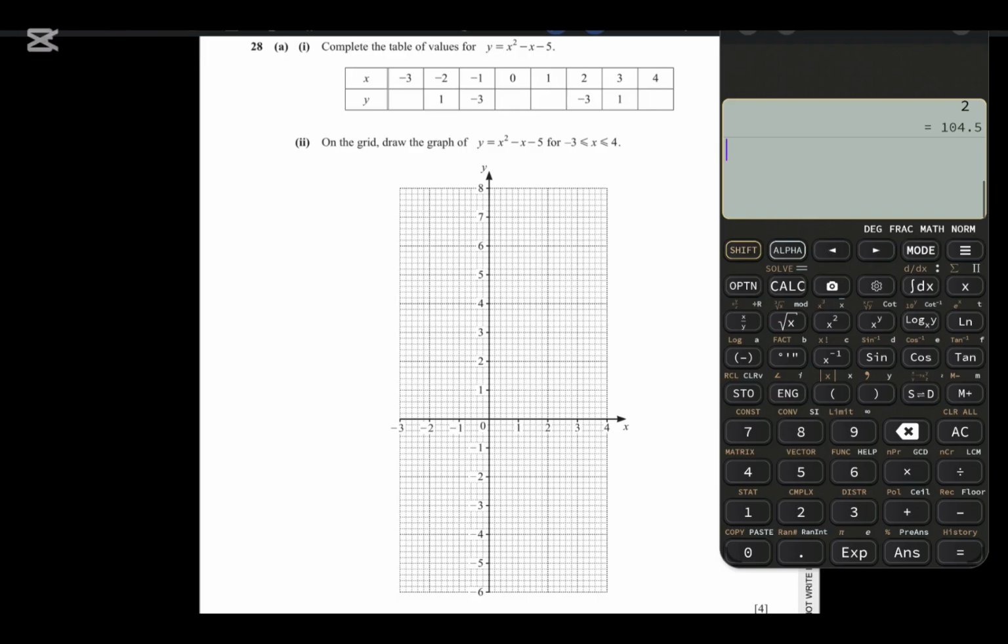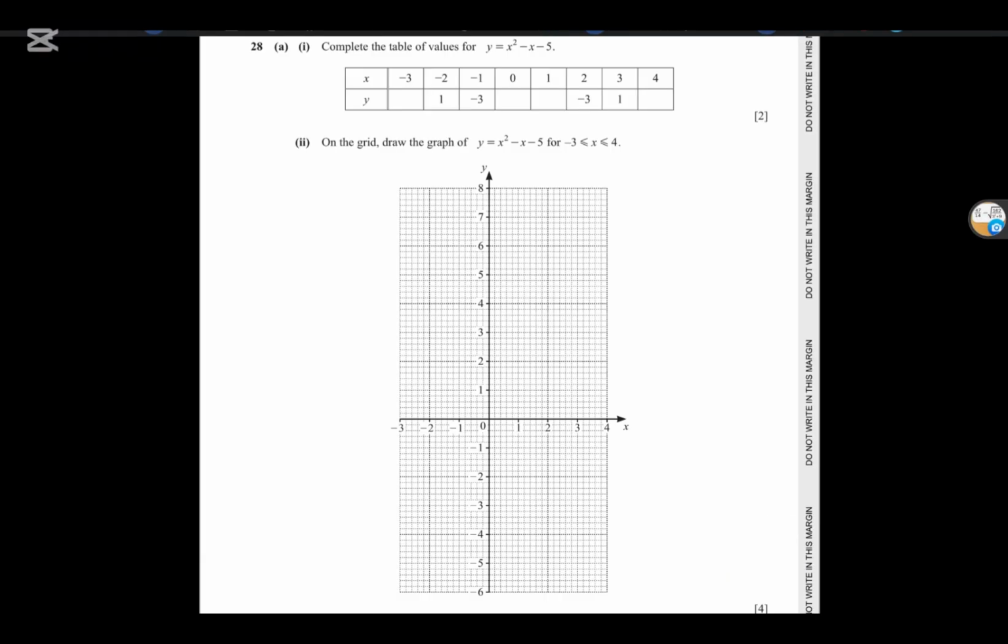So minus 3 whole square. Whenever we have a negative number, you have to use the brackets for it. Minus of minus 3, minus 5 is 7. It is 7.